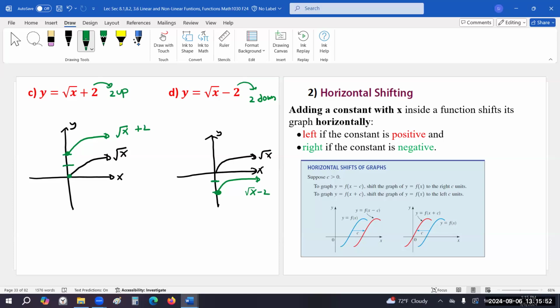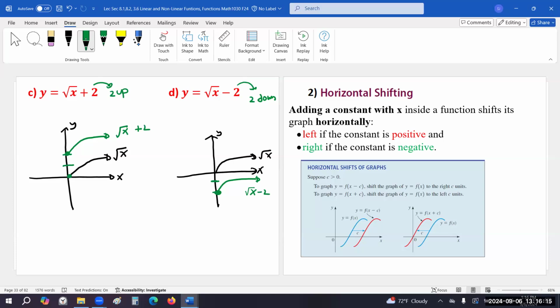Here we have the function and then extra, but for horizontal shifting, we have a number that is inside the original function. And since it's inside the original function, it has more power. That's why it doesn't listen to the direction.